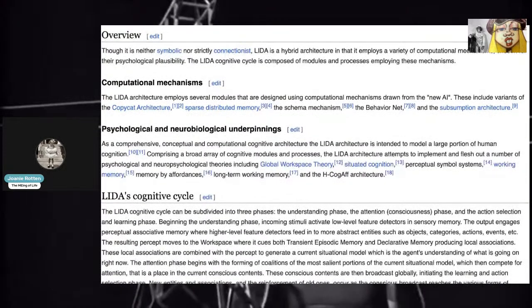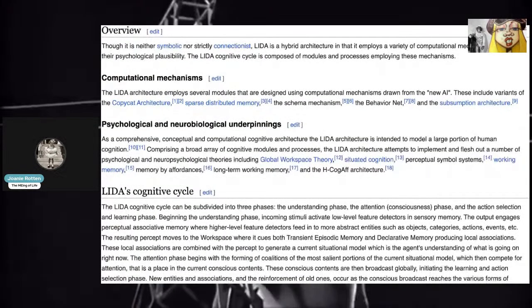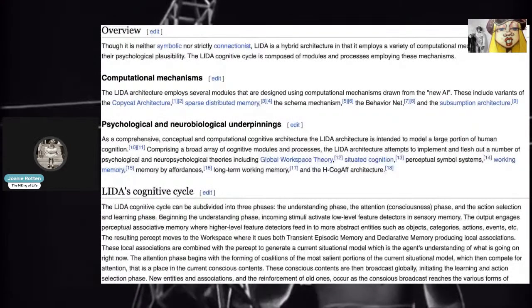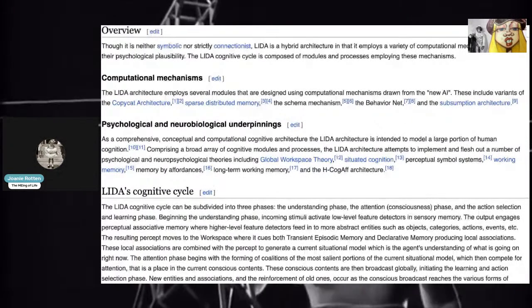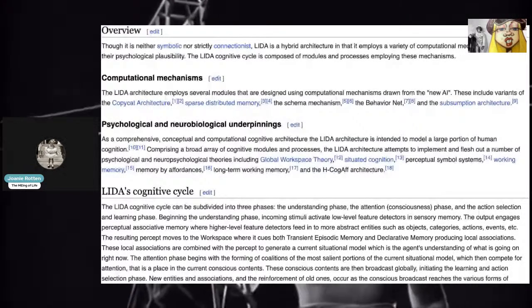Computational mechanisms: the LIDA architecture employs several modules that are designed using computational mechanisms drawn from the new AI. These include variants of the copycat architecture, sparse distributed memory and schema mechanism, the behavior net, and the subsumption architecture.